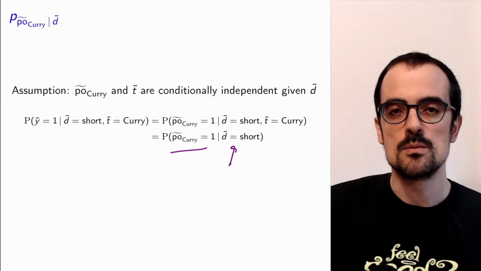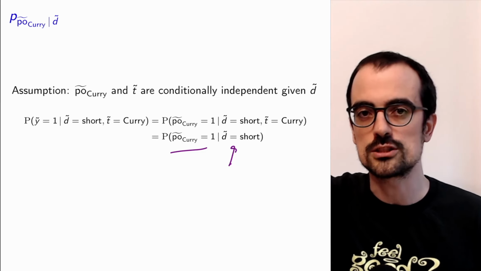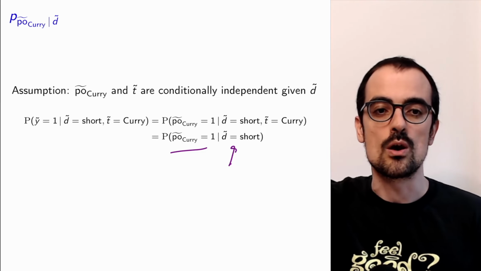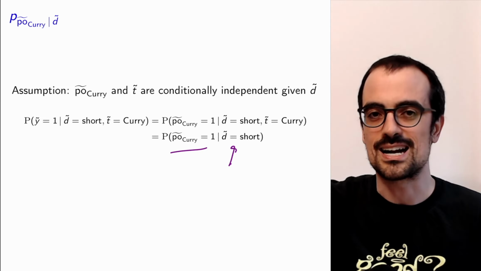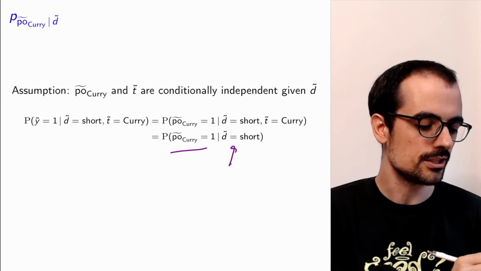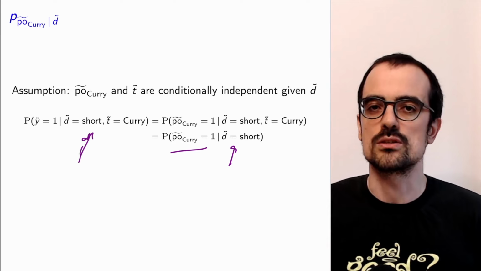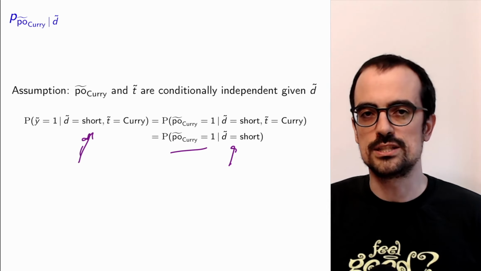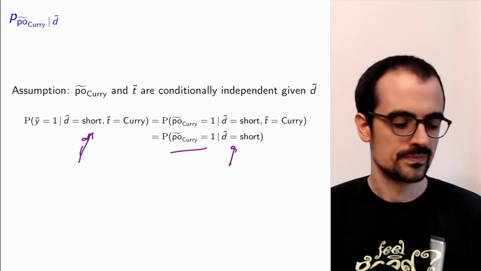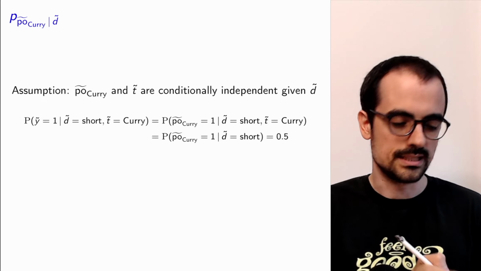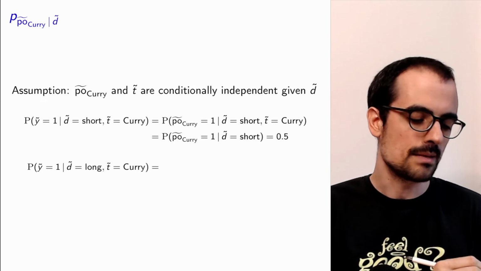So this is saying because the shots in general taken by Lee and Curry, if they are short, are kind of the same, this percentage is a good estimate of how Curry would shoot if he just shot all of the short threes. Similarly, this is 0.5. Similarly, same thing for long.